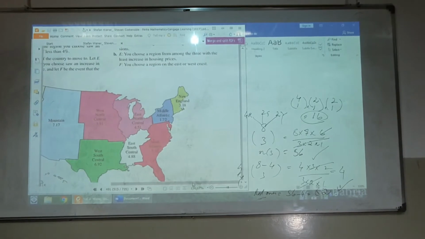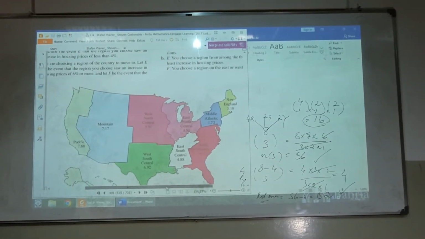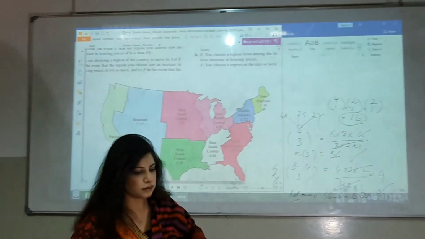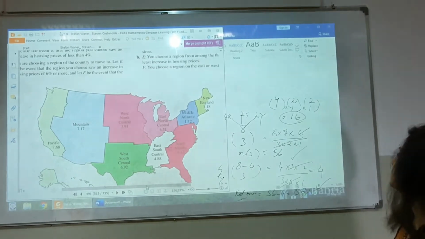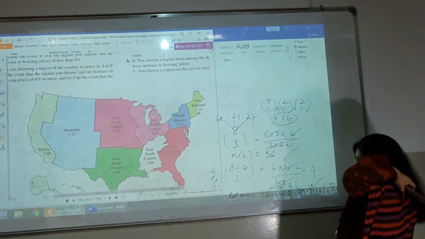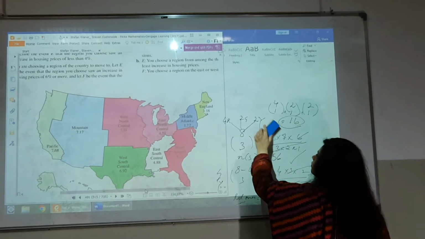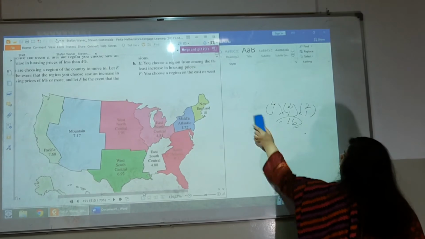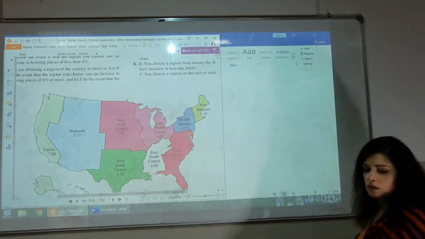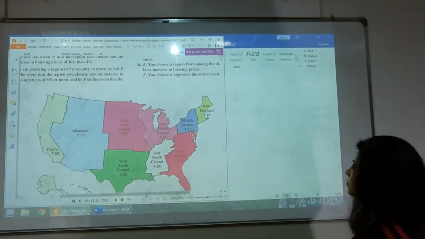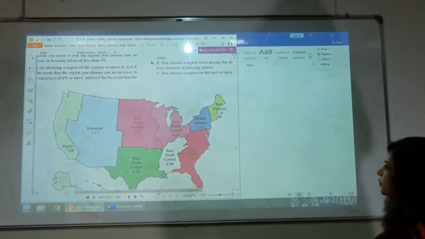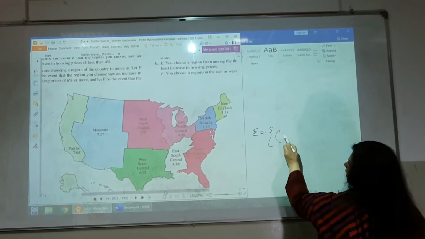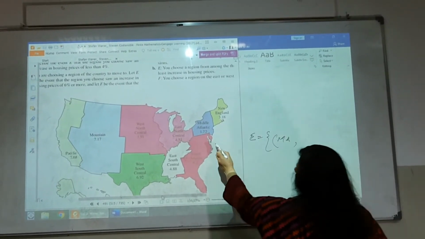And this is event E. Now, the least increase is Middle Atlantic, which has 1.72.